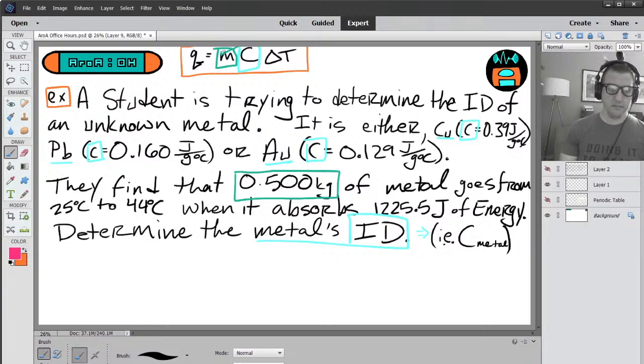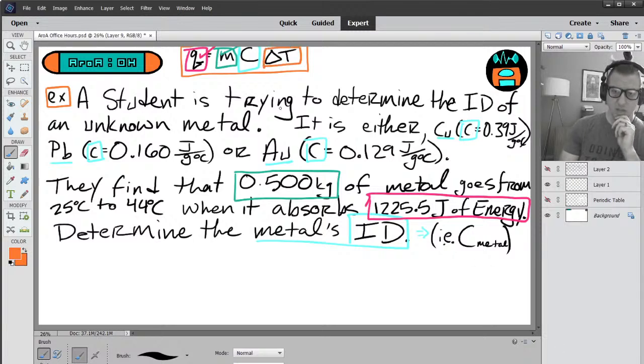We're also given the amount of energy that is absorbed, so check, we got Q. Now, for our change in temperature, we're not explicitly given it.